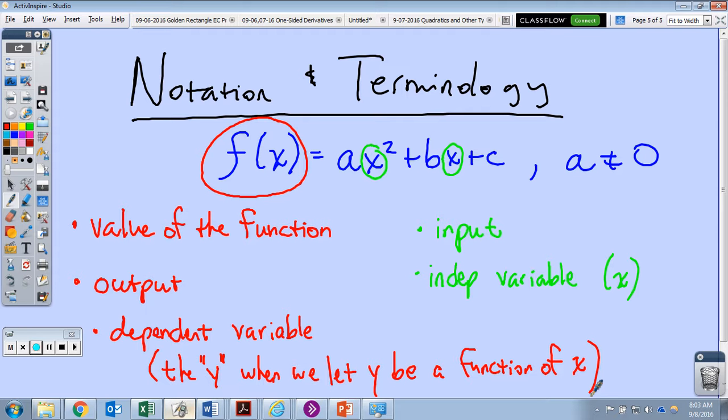But in very simple, non-mathematical terminology here. If I input a loaf of bread into the oven, let's say the loaf of bread is my input, I let that be x, I'm inputting a loaf of bread. The output, or the value of the function, or the dependent variable, would be baked bread.